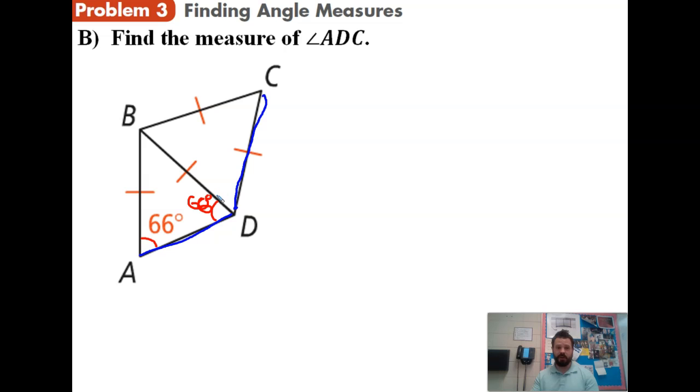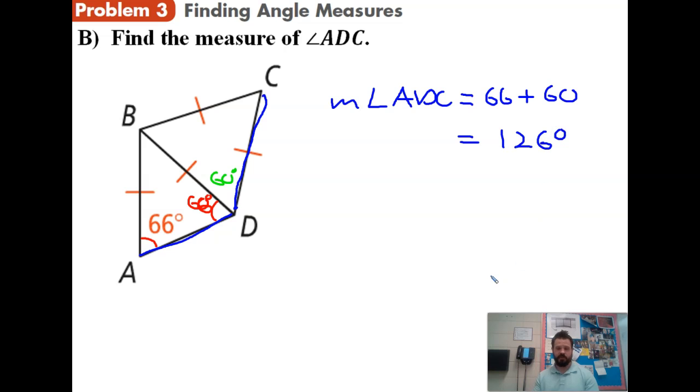I know that all angles in an equilateral triangle are just 60 degrees. So the measure of my angle ADC then will be the 66 from the left plus the 60 from the right. In other words, 126 degrees for a total.